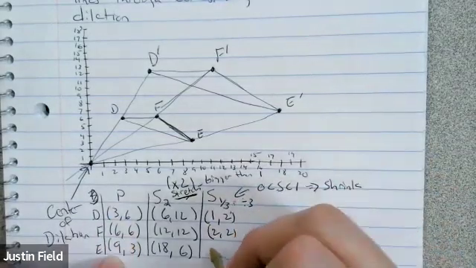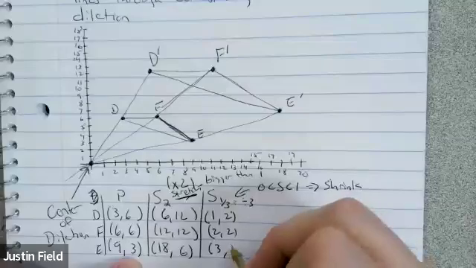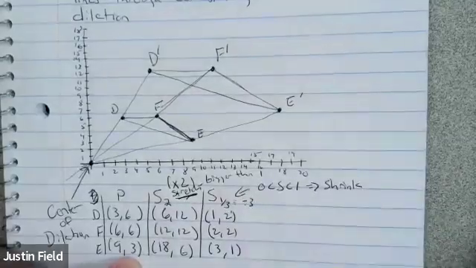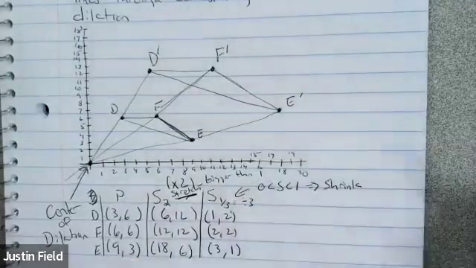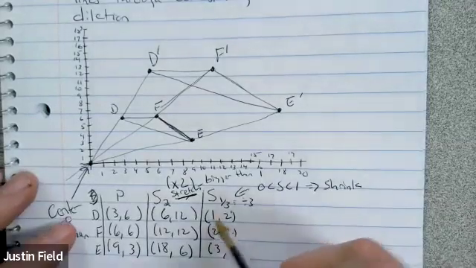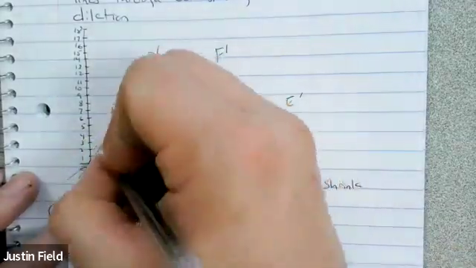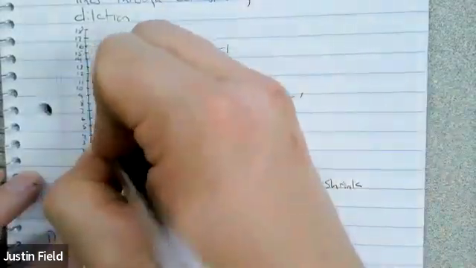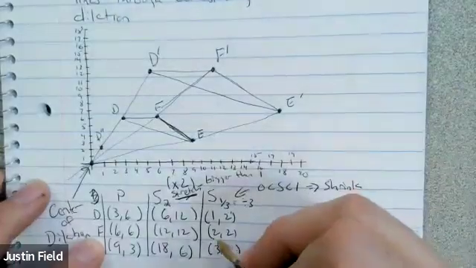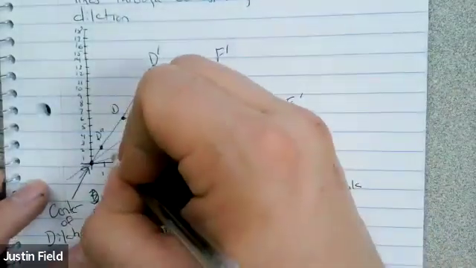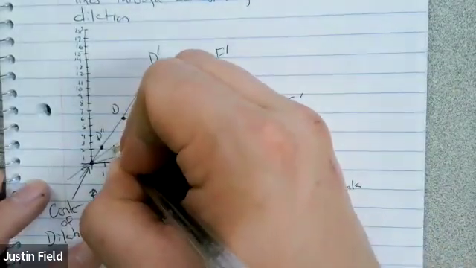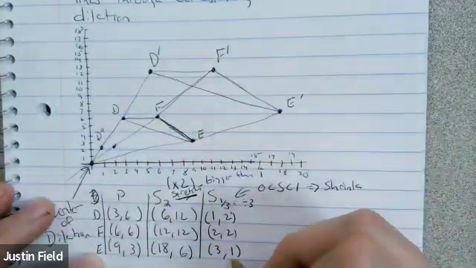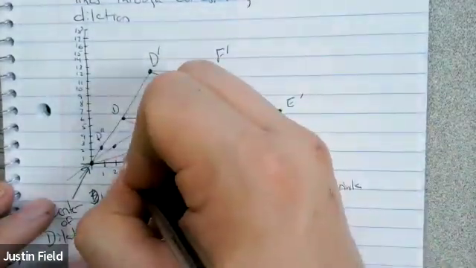And 9 divided by 3 is 3. 3 divided by 3 is 1. Or I could say times 1/3. So 1, 2 is right there, and so D double prime is right there. F double prime is at 2, 2. And E double prime is at 3, 1.